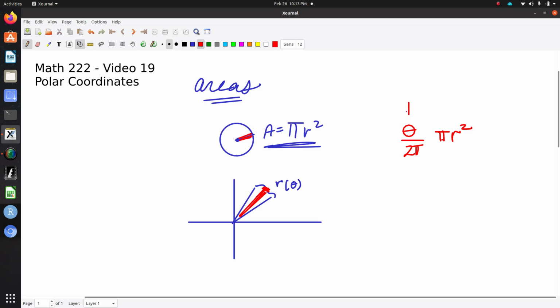So this is the fraction of the circle that is being represented by this little tiny d theta strip.